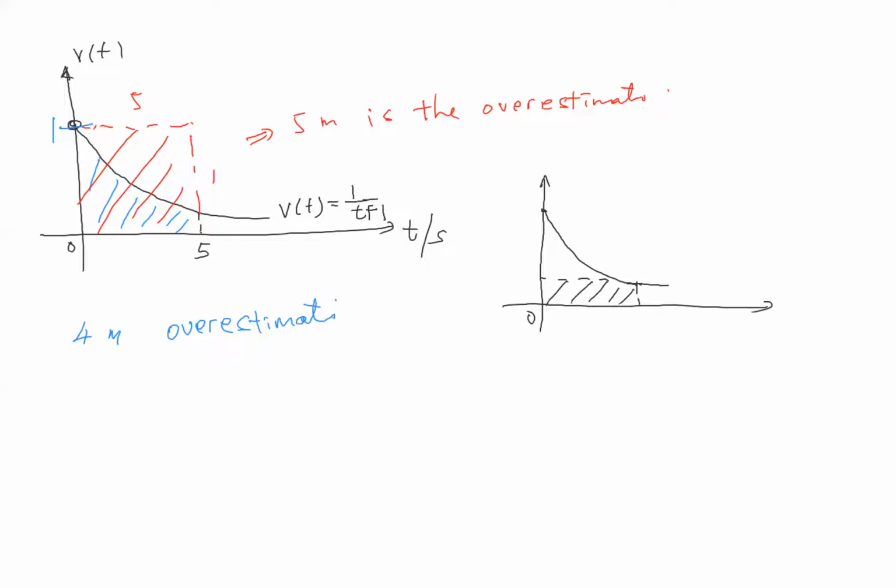So this rectangle, the point for this one will be what? 5 and what is the velocity when t equal to 5? v(t) is 1 over t plus 1. So what is the velocity after 5 seconds?